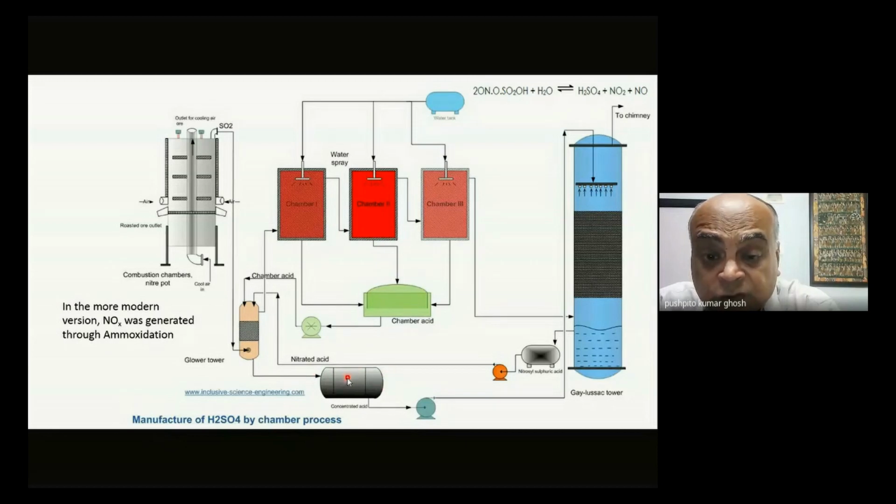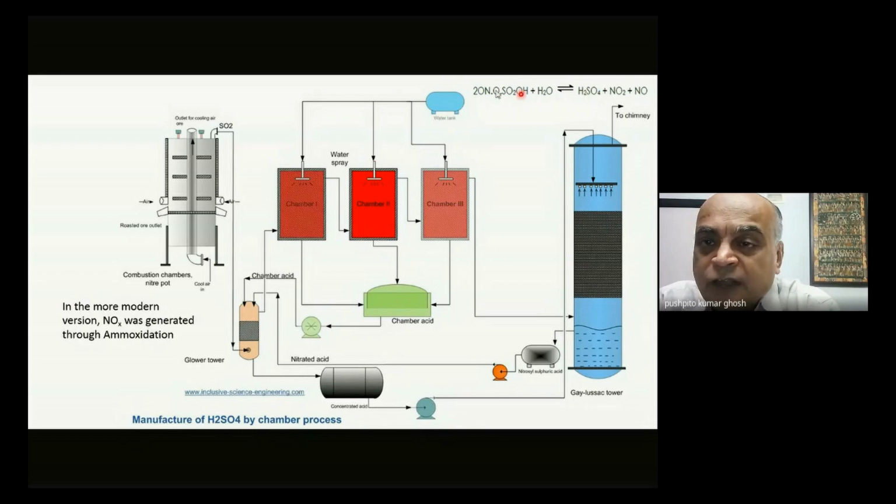So this is concentrated sulfuric acid. Now, what you're doing is pumping this sulfuric acid to the top of the Gay-Lussac tower. And from the bottom, your NO2 is traveling up. Because it is concentrated acid with a low amount of water, now the reverse reaction will take place.